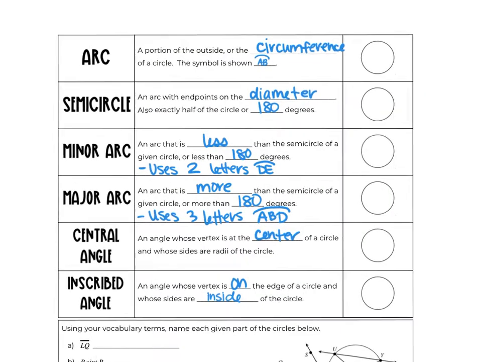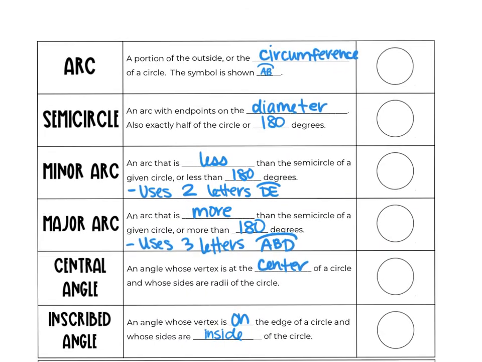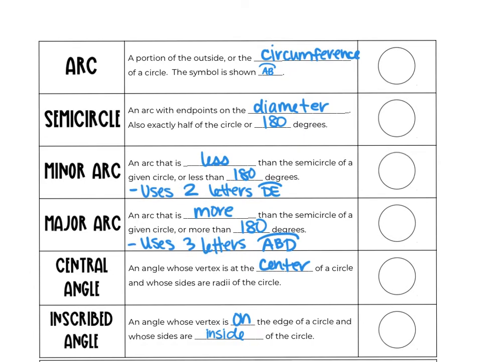Okay, so next you have arc. An arc is a portion of the outside, or the circumference, of a circle. The symbol is shown as AB, or whatever letters it is. So for this example, if this was A and this was B, that would be shown as arc AB.